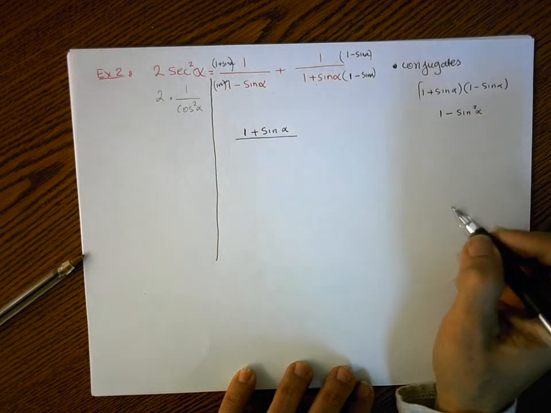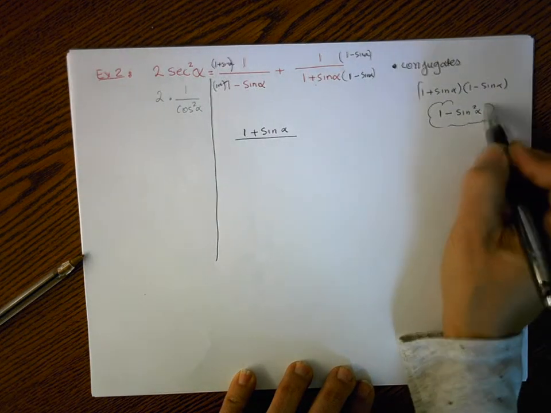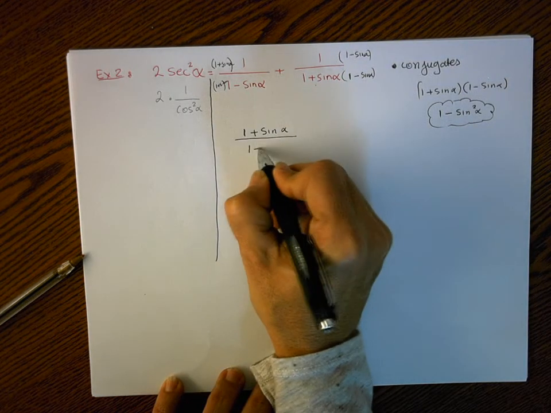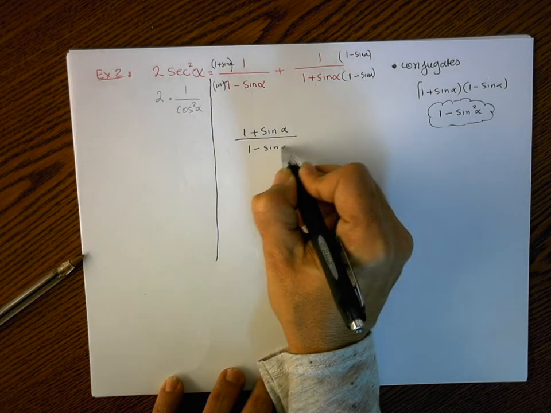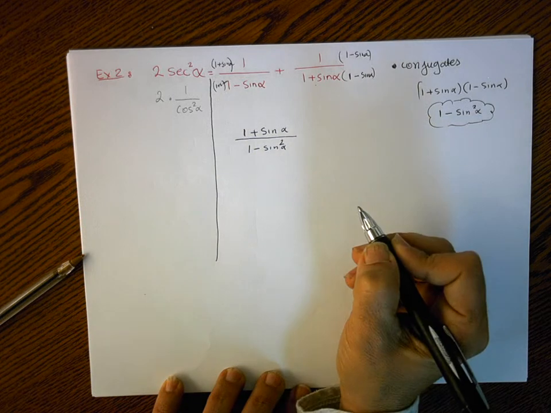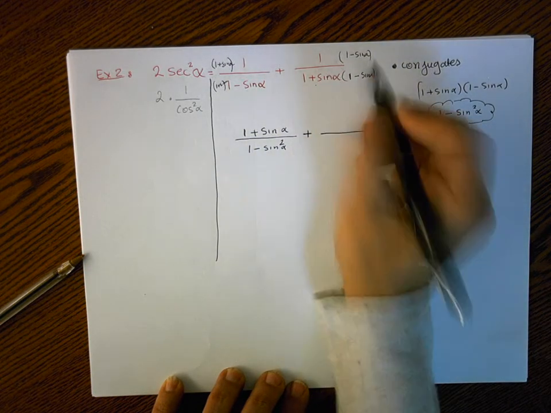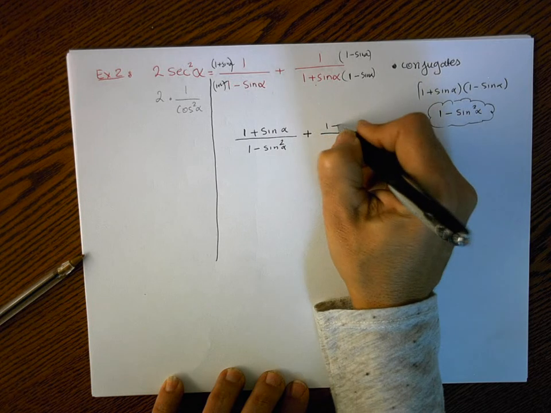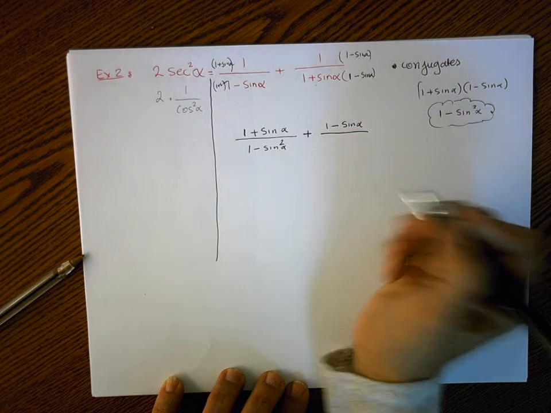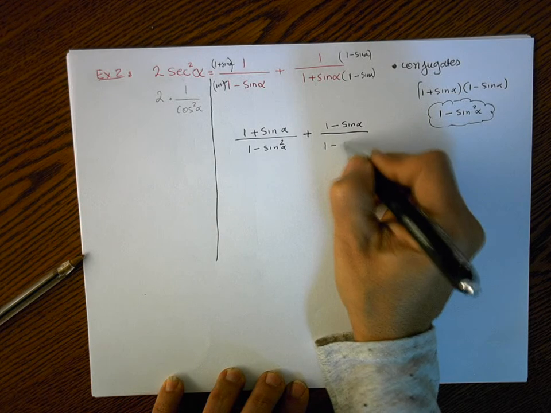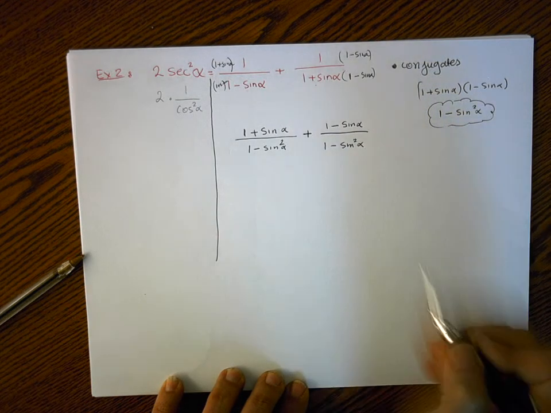That's my little work reminding me what conjugates give me. So my denominator is 1 minus sine squared of alpha. Plus, on this side, I have 1 times 1 minus sine of alpha all over the multiplication of the conjugates, which is 1 minus sine squared of alpha.